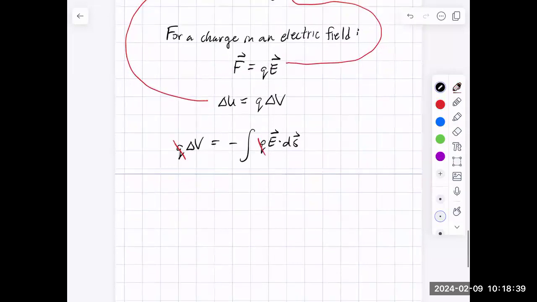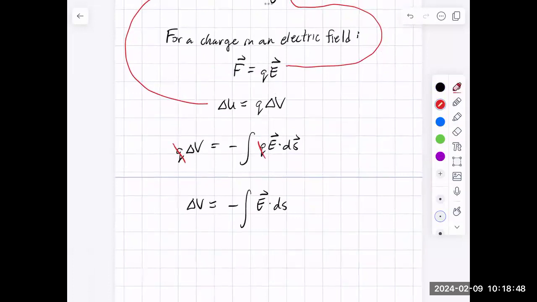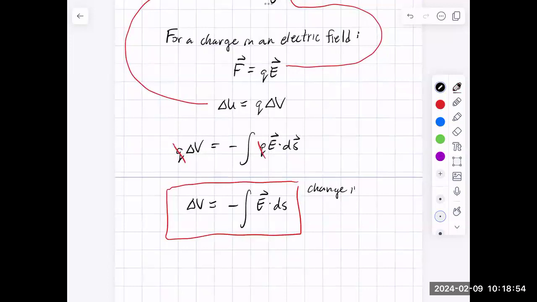And then delta V is equal to minus the integral of E dot ds. So this is how we could calculate a change in electric potential from an electric field.